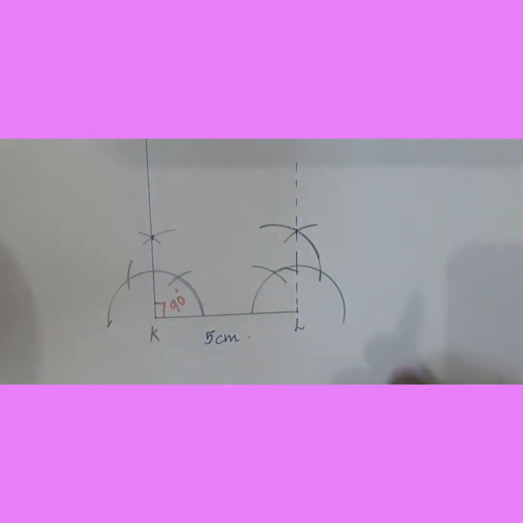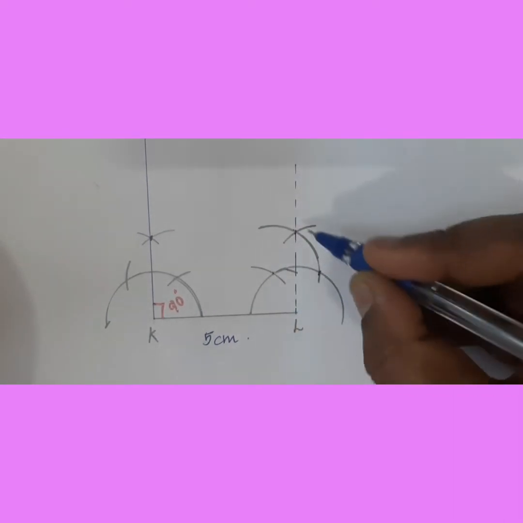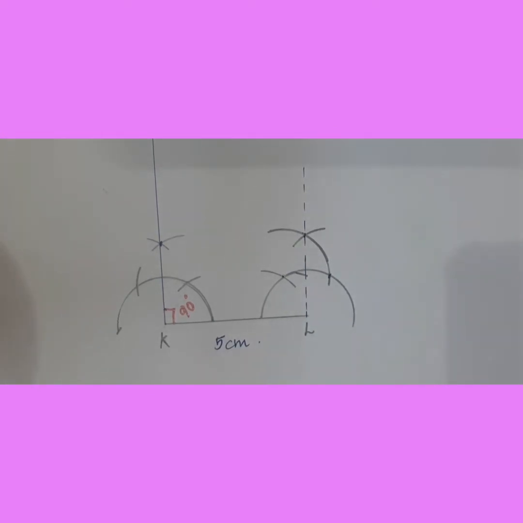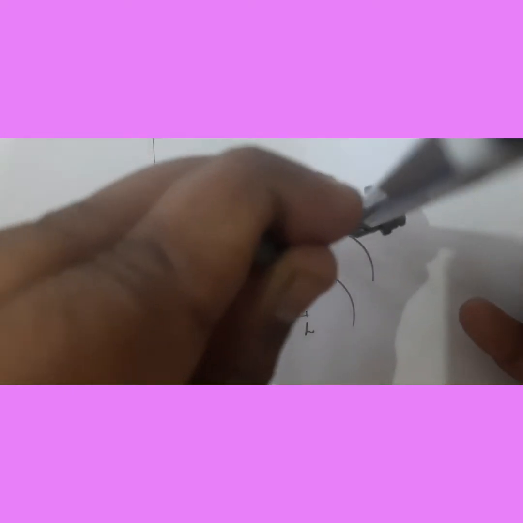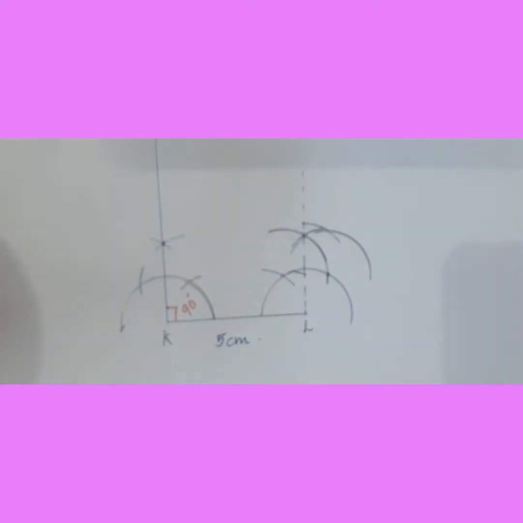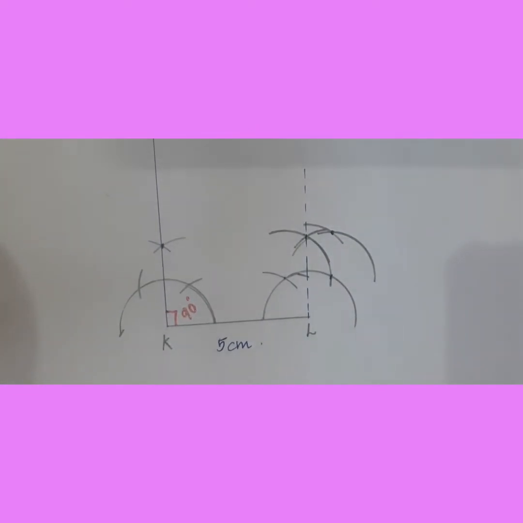Okay, after that 90 to 120, this is 120, this is 60. So 90 to 120, what angle will come? 105, the bisector of 90 and 120.